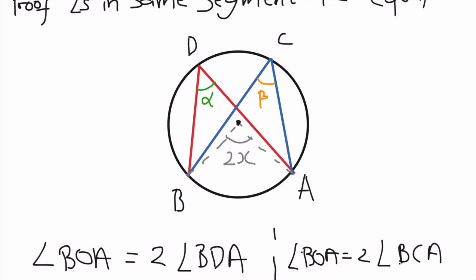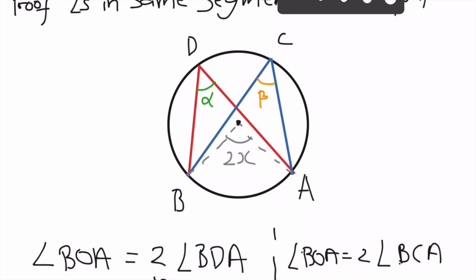So the angle BOA is 2x, and it equals 2 times BDA. BDA is alpha, right? So if we cancel this out, we'll realize that alpha is equal to x, correct?